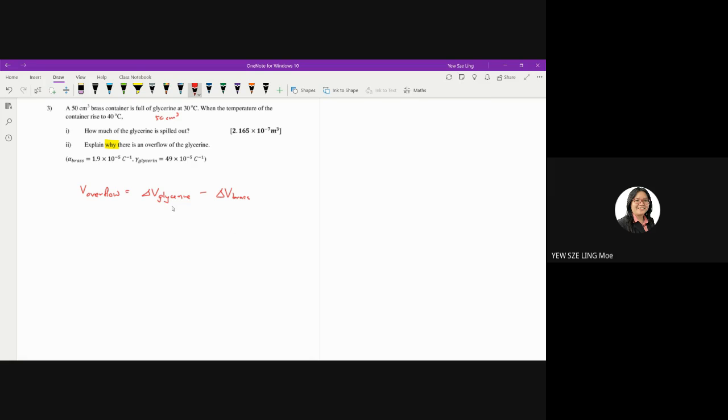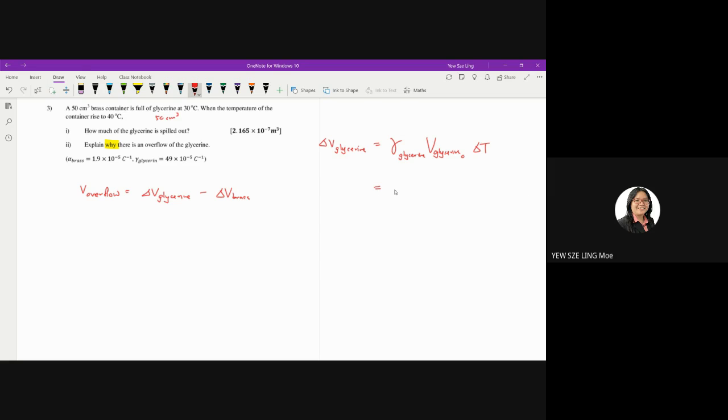So now I want to calculate delta V first, delta V for glycerin, which is equal to gamma glycerin times V initial glycerin times the change in temperature.